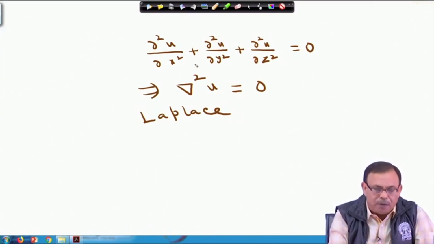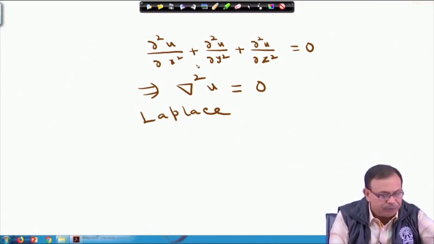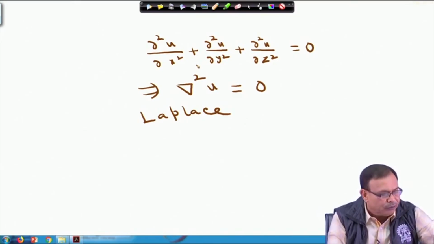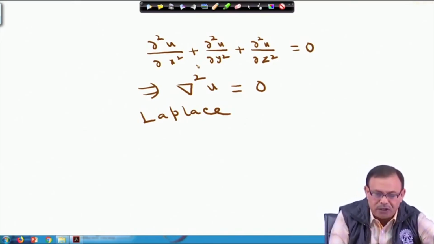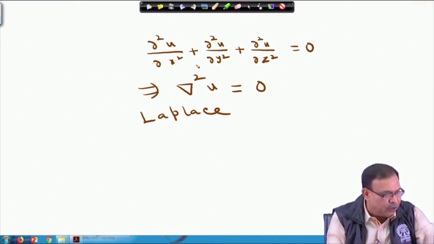So, these three types of equations: wave equation, heat equation and Laplace equation.